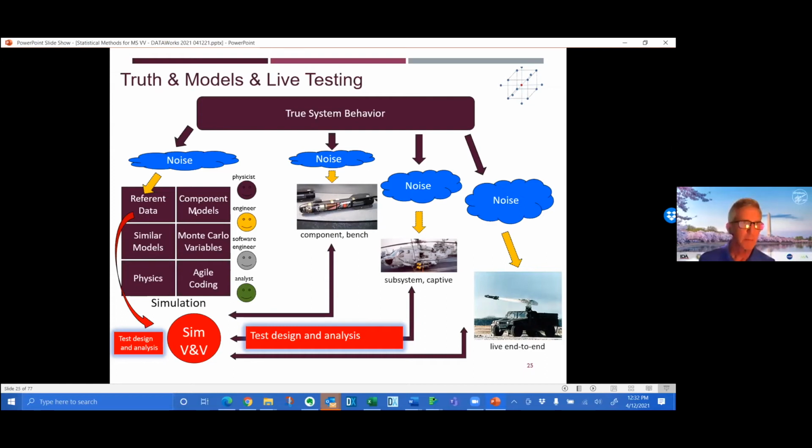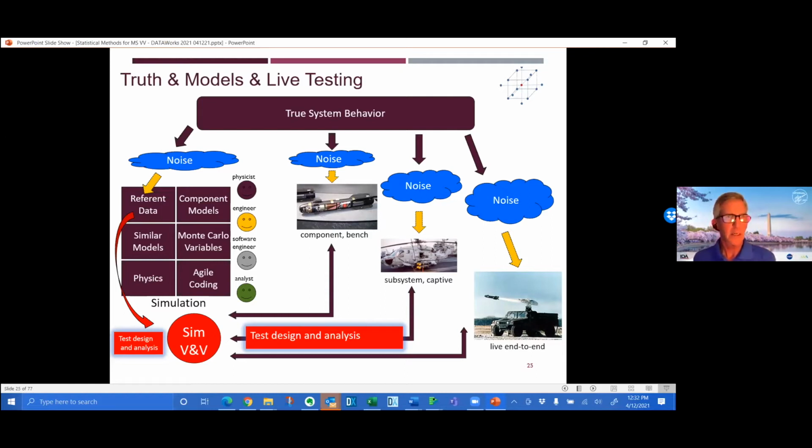And the sim can be subdivided a lot of different ways. But one way to think about the sim is things that feed the sim. One is reference data. Other is component models that we need to build from scratch. Other models that we pull from other simulations that are almost form, fit, function, just plug them in.